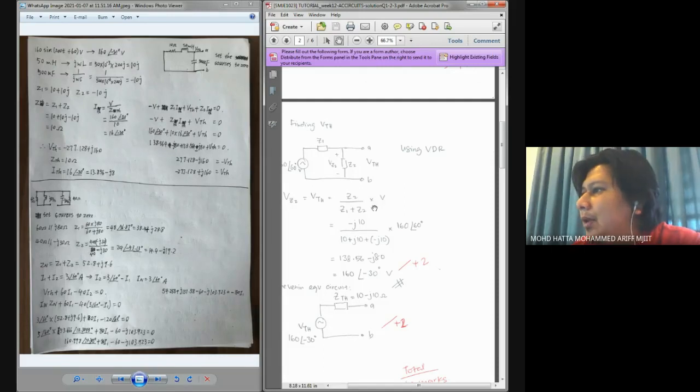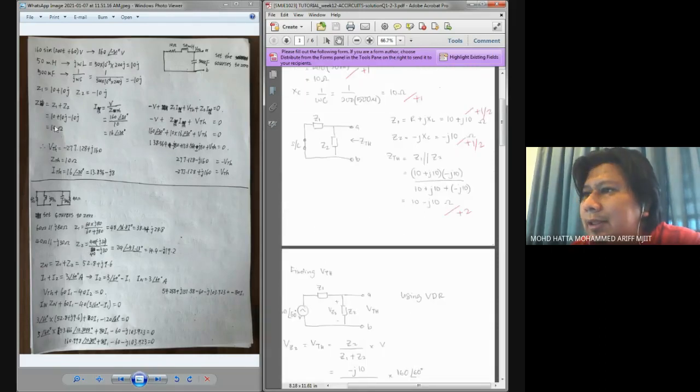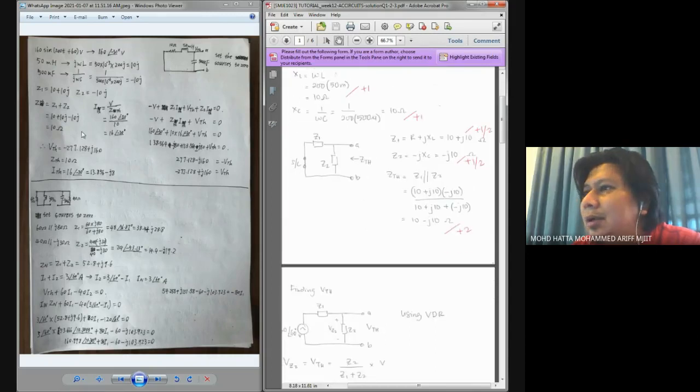Now, okay, although ZTH is wrong, here Wang is entitled to another 1 mark, because half a mark over here for Z1, another half mark over here for negative J10. So these two, half and half, I can consider giving Wang, 1 mark in total.